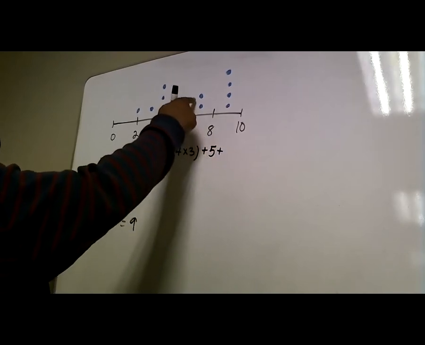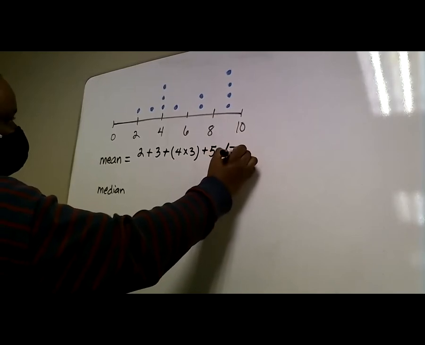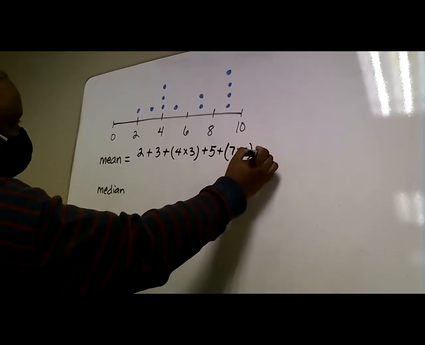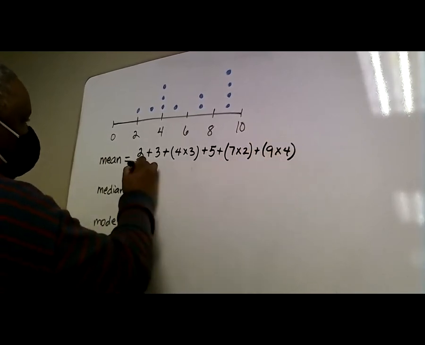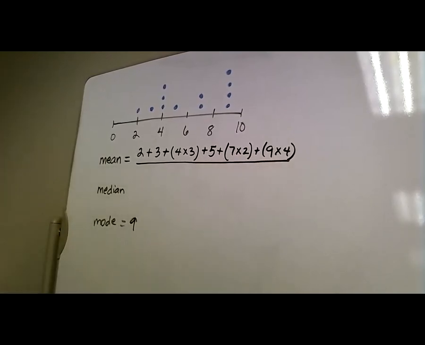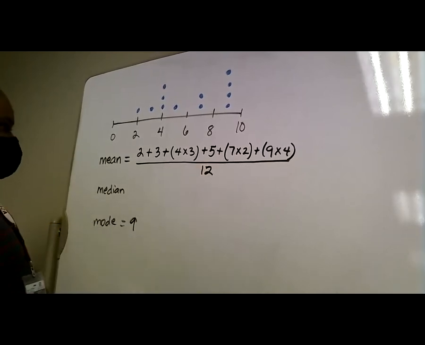The 7 has 2 dots. So this will be 7 times 2. And that 9, as you can see, has 4 dots. Now, how many dots are there in the 12? So we have to divide by 12.